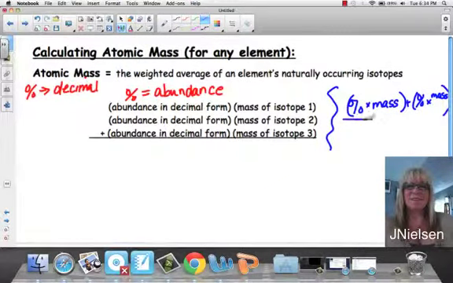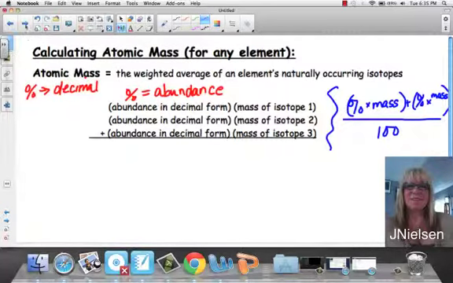I've added those up, and then you can divide your answer by 100. So in this second way of solving the problem, you don't have to worry about taking the percent and putting it in decimal form. Just take your percent times your mass plus your percent times your mass and divide by 100. You do the dividing by 100 at the end.